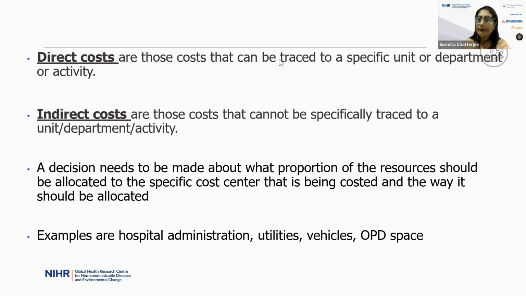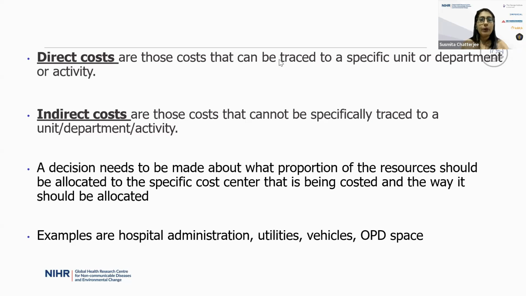Say, for example, in a hospital, you see that the electricity is everywhere, right? The electricity or water or telephone is everywhere in a health facility, okay? Now, suppose you are costing the immunization program, or you are costing the NCD program of that hospital.